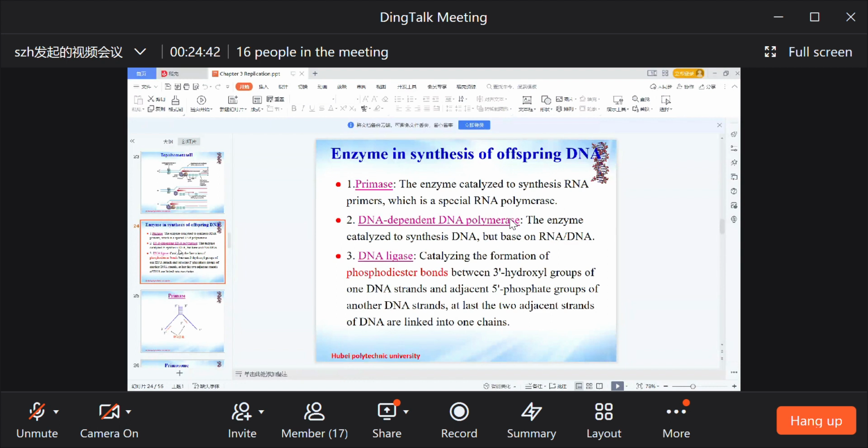And lastly, DNA ligase is very important. All of the students learned the synthesis of Okazaki fragments. This kind of fragment is compensated, and lastly the leak is left. At that time the DNA ligase catalyzes and connects them together.